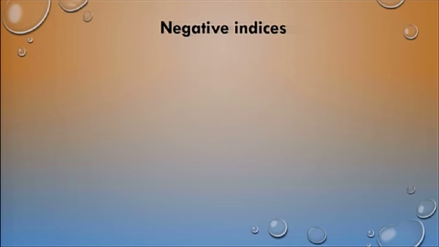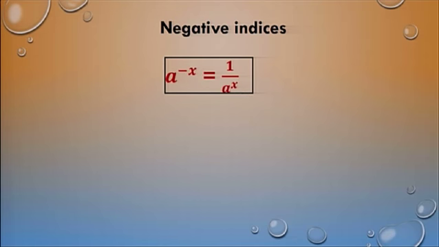Now let's talk about negative indices. You all know about negative numbers. We are going to write the powers as a negative number. For instance, if we have a power minus x, this can be written as 1 over a power x. Have a look at the power. So far, we have used positive numbers as powers.